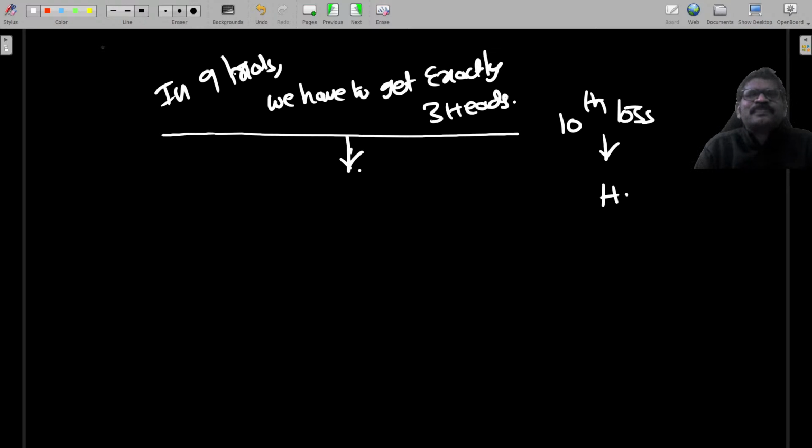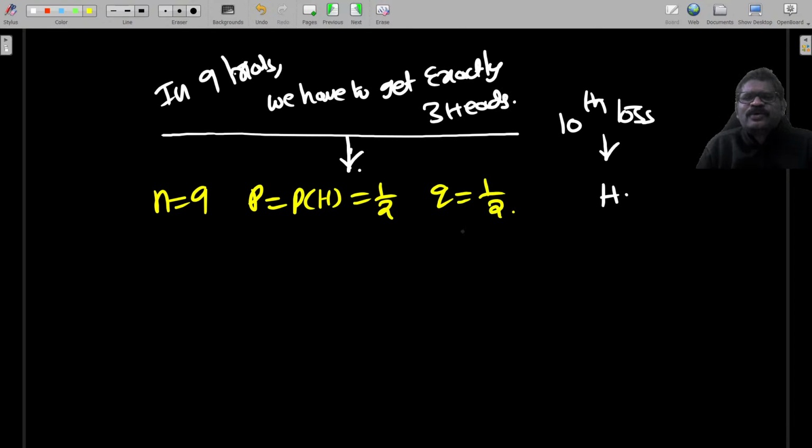Here n is 9, p, the probability of getting a head, is 1 by 2, q is 1 by 2. So we have to calculate the probability of getting exactly 3 heads in 9 trials and 1 head in the 10th trial.